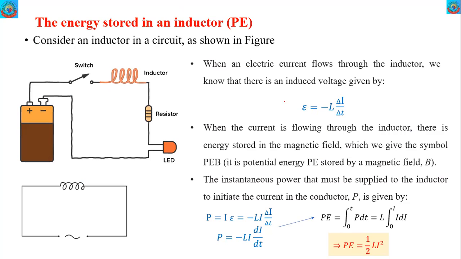We have induced electromotive force is equal to inductance L times the rate of change of current, or minus L times the rate of change of I, delta I over delta T. From that, power is equal to current times voltage, as we said earlier. Our voltage here is the induced electromotive force, E. As we know I is equal to I, so E is minus L delta I delta T.